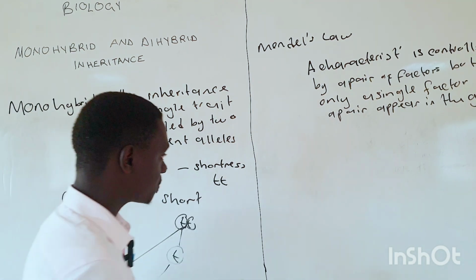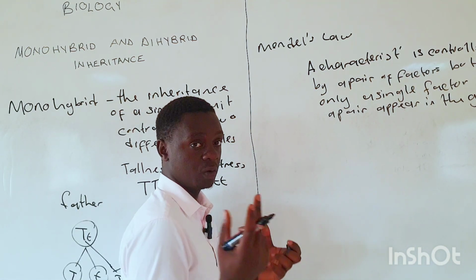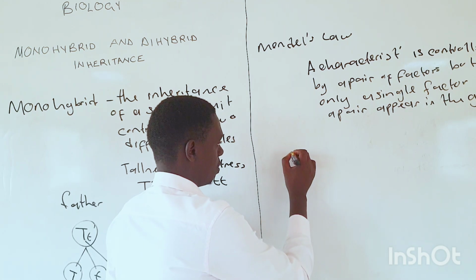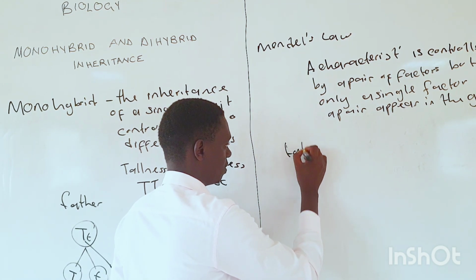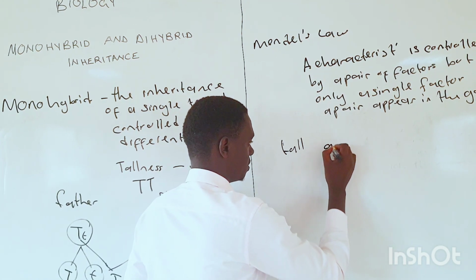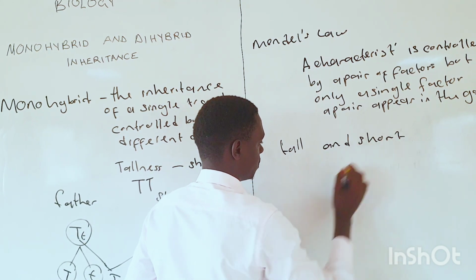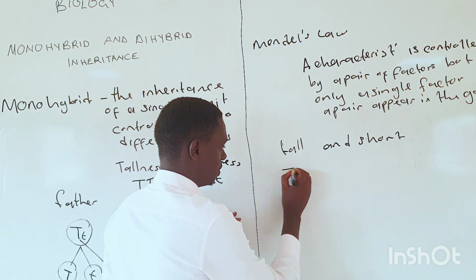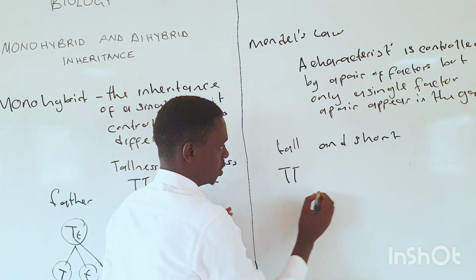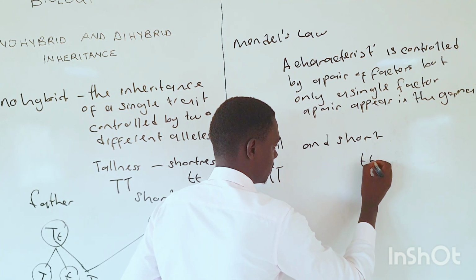For example, this is capital T, and this was small t.